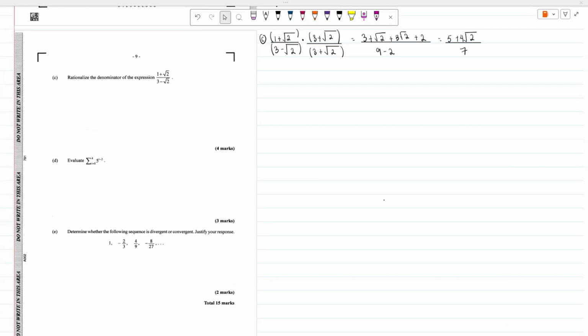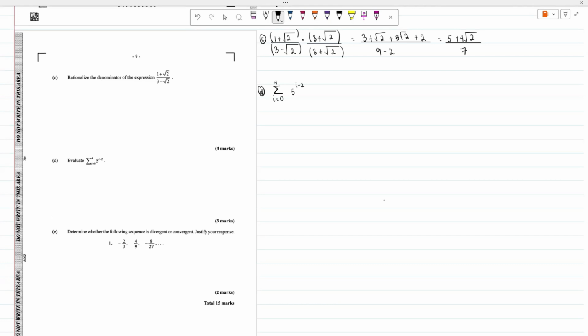All right, evaluate. The sum where i goes from 0 to 4 of 5 to the power i minus 2.